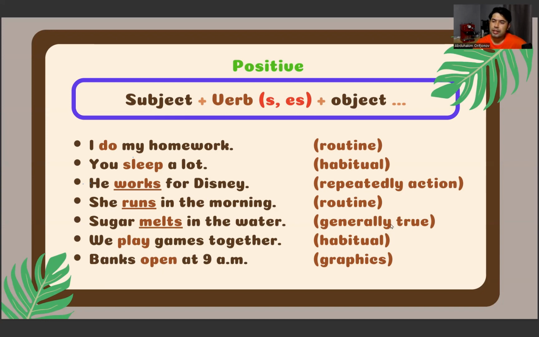This is a generally true action, and sugar is a third person pronoun, so we added s to the verb. Well, we play games together. This is a habitual thing. Banks open at 9 a.m. This is a fact.